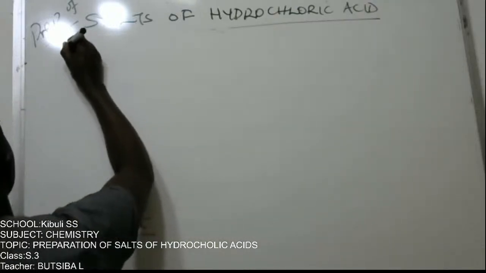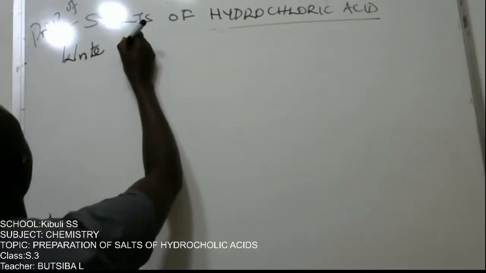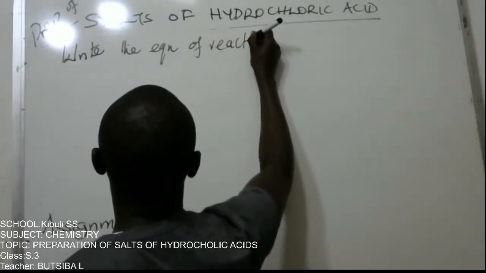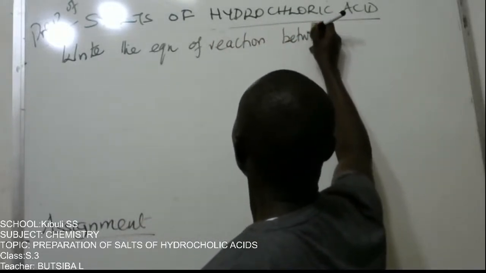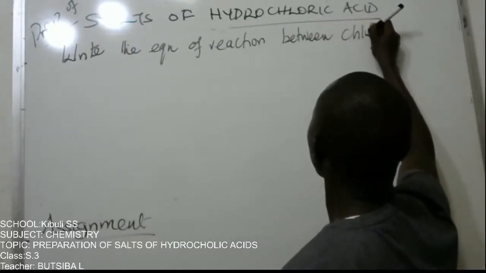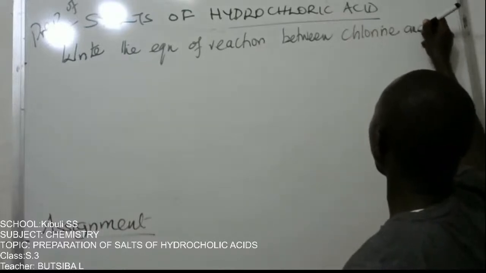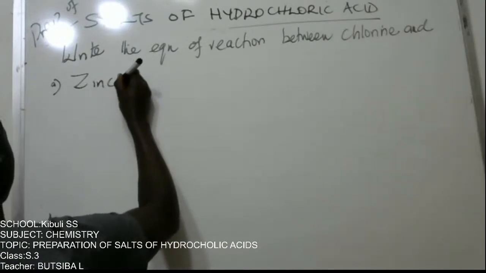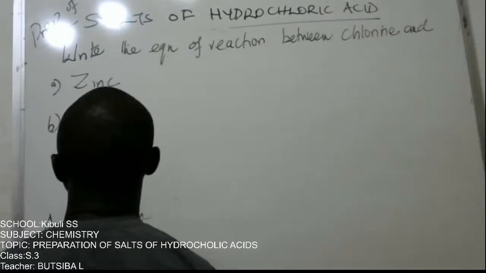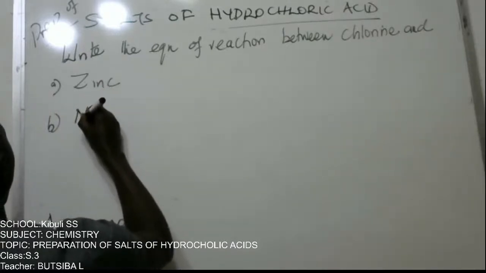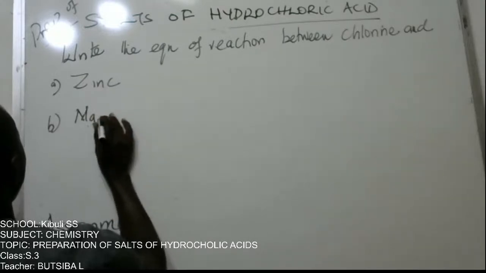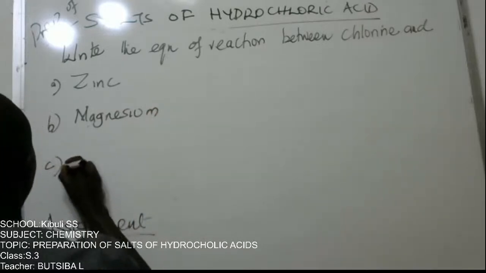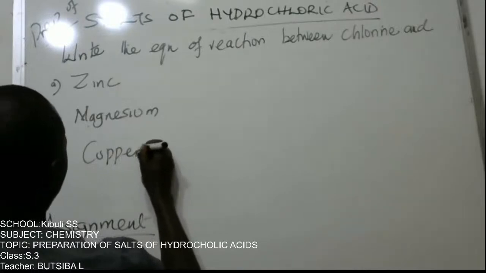Write the equation of reaction between chlorine and A, zinc, B, magnesium, C, copper.